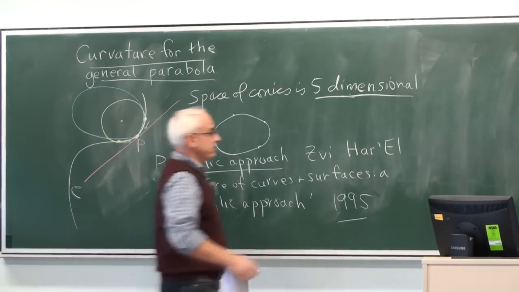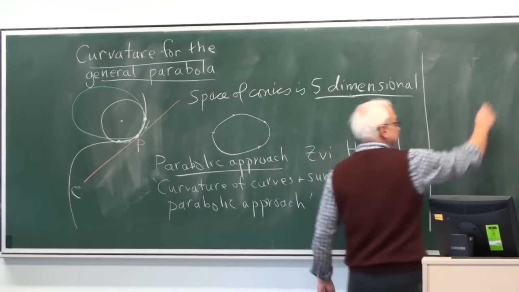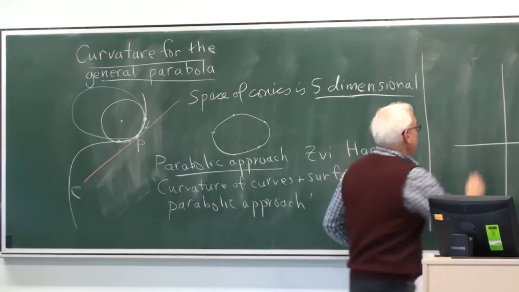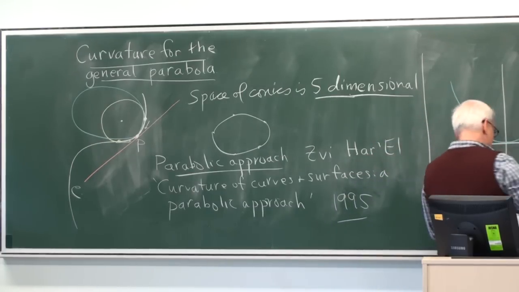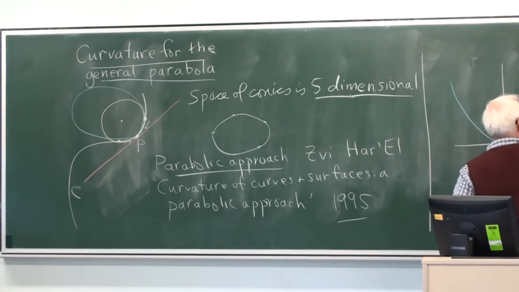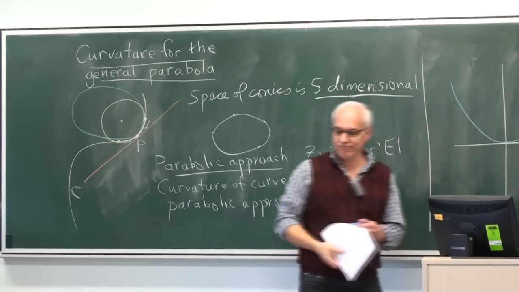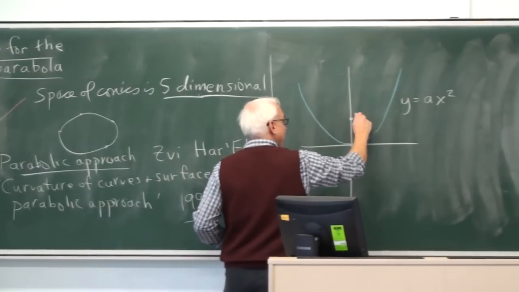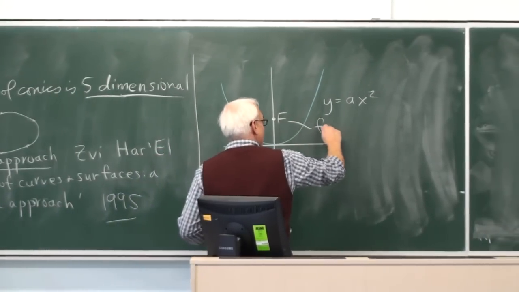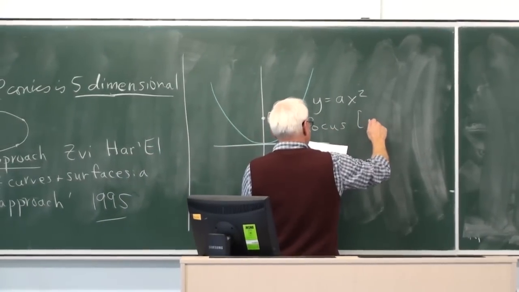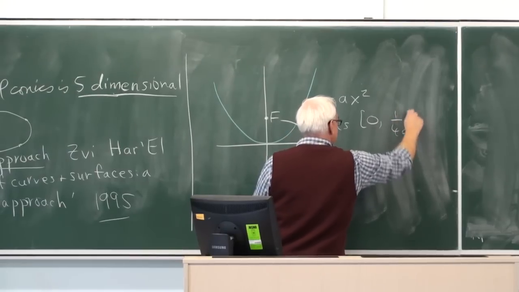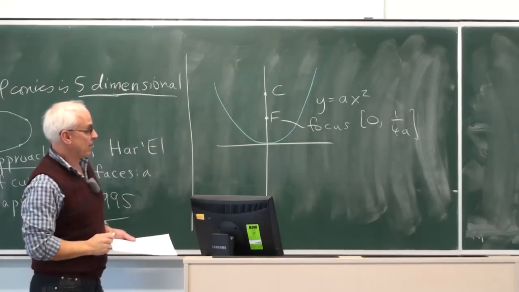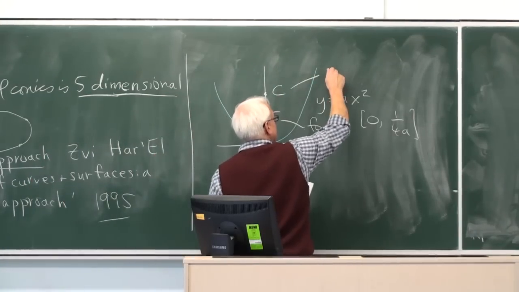Okay, so let me remind you that last time we looked at the situation of a standard parabola where we had the curve y equals ax squared. And we saw that that thing had a focus. Focus was at the point 0, 1 over 4a. And exactly twice as far away is the center of curvature.